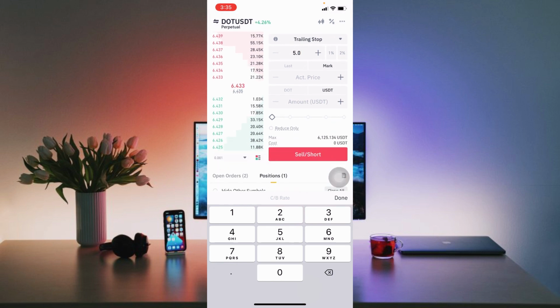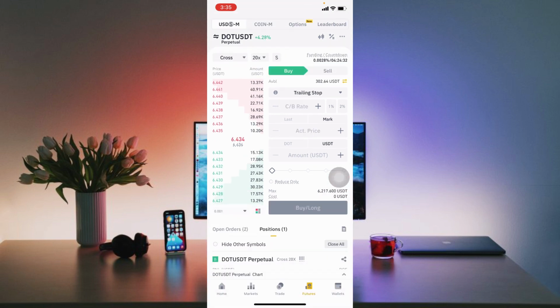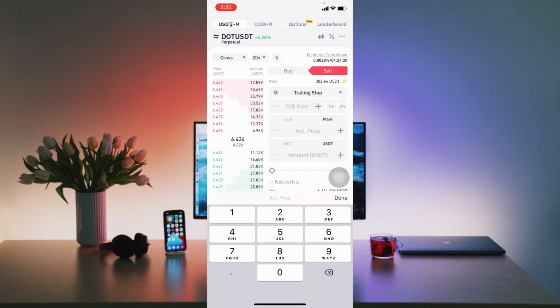Then our activation price, so we are saying that if price reaches 6.700, this thing should activate. Okay, so if I enter here, you can see the buy/long button can be pressed, but if I change it to sell, I'm just saying that if price reaches 6.700, they should sell my position and give me my money.